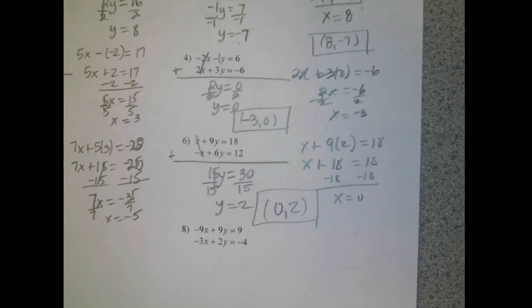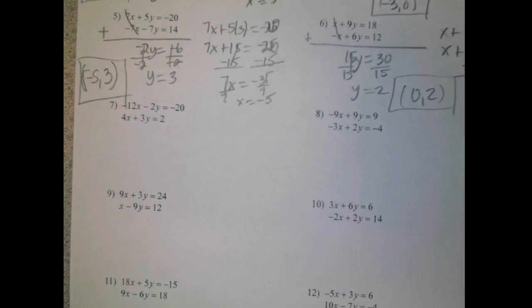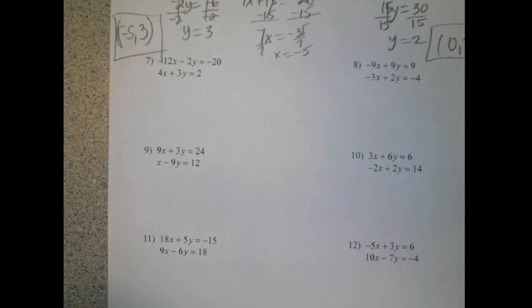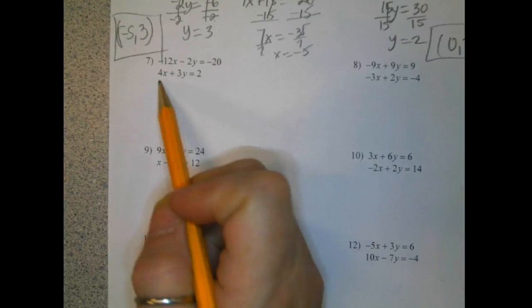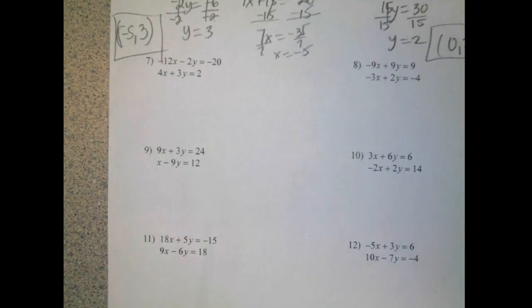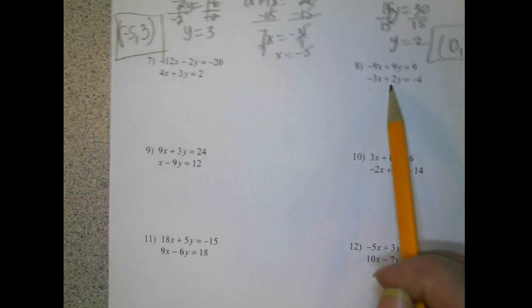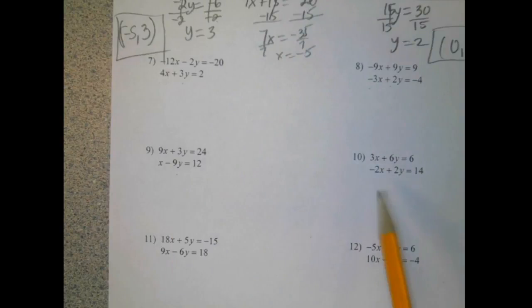We're going to move on, and we're going to look at 7 through 12. I want you to look at your x's and your y's again. Are there any numbers that I can eliminate that have those same digit, opposite sign requirements? No. Not here. How about here? No. How about here?